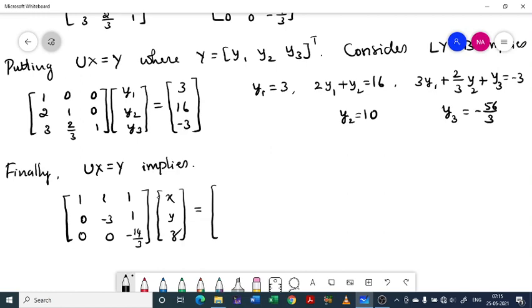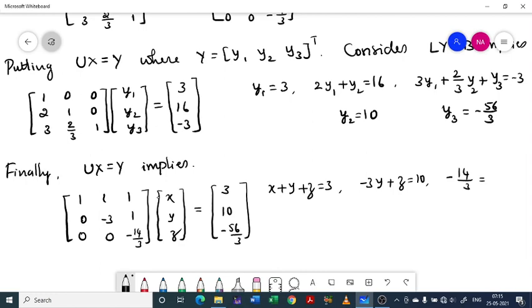Y, that is 3 10 minus 56 by 3. So from these we get a system of equations again. x plus y plus z equal to 3, minus 3y plus z equal to 10, minus 14 by 3 z equal to minus 56 by 3.